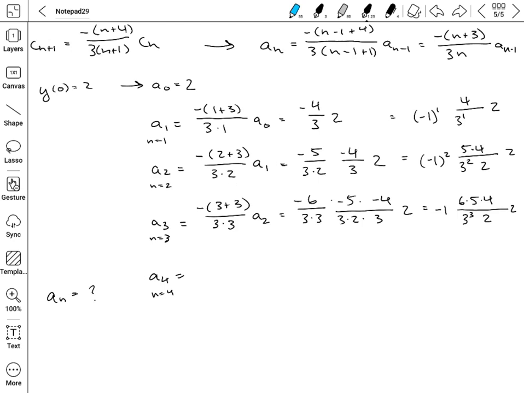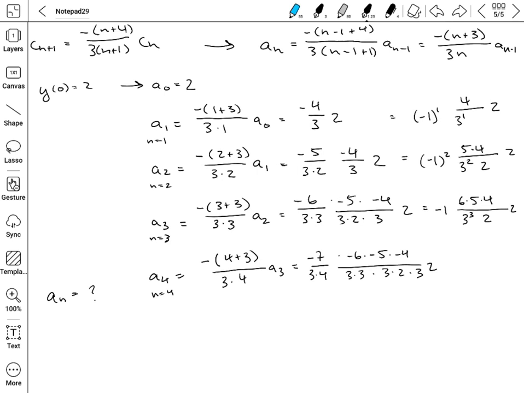So I'm going to go ahead and do 4 now. I've got minus, for n equals 4, 4 plus 3 over 3 times 4, A3. So that's going to give me a minus 7 over 3 times 4, which gives me a minus 6, minus 5, minus 4. 3 times 3 times 3 times 2 times 3, all times 2.